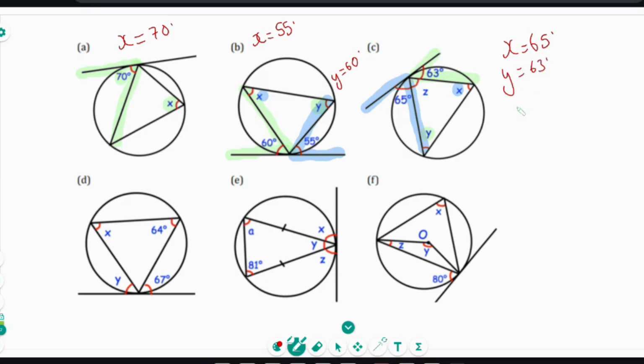So you could either do angles on a straight line or angles in a triangle, add up to 180, 52. Opposite angle x, 67.